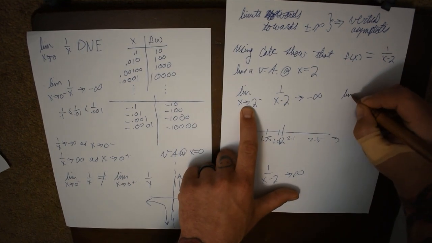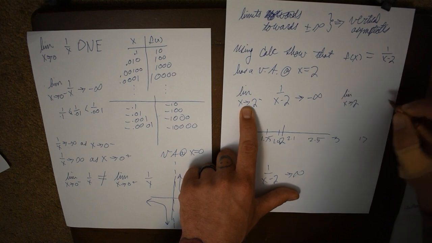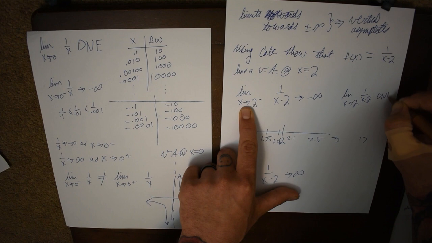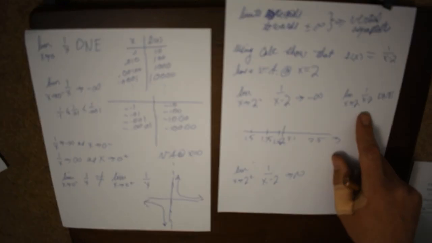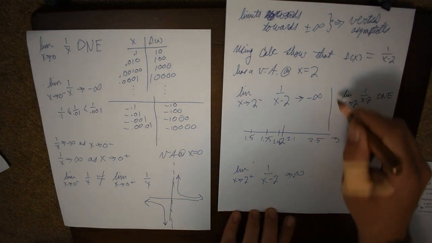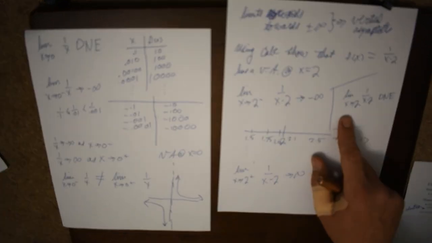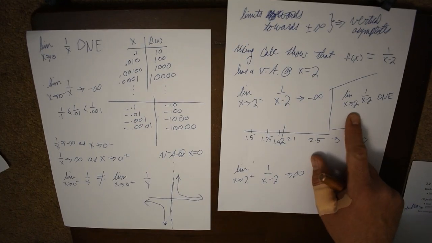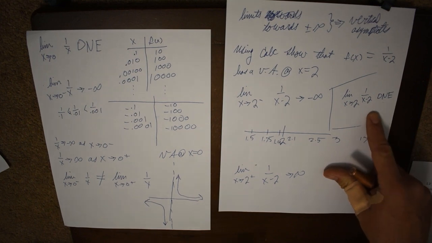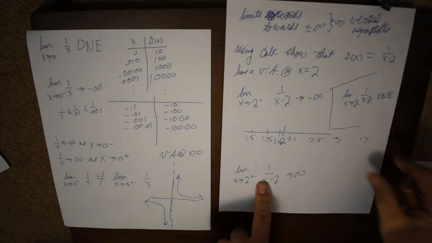The limit, as x just approaches 2 of 1 over x minus 2, does not exist. That is not enough to show that a vertical asymptote exists. I'll say that again because I think I kind of messed that up. Knowing that this limit does not exist is not enough to show that a vertical asymptote exists.